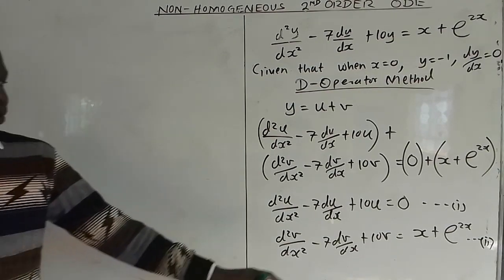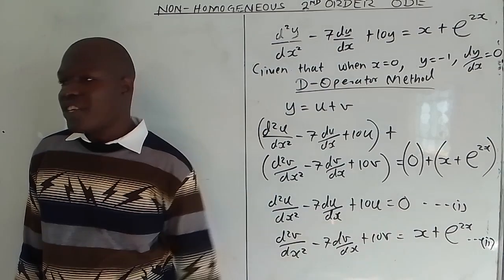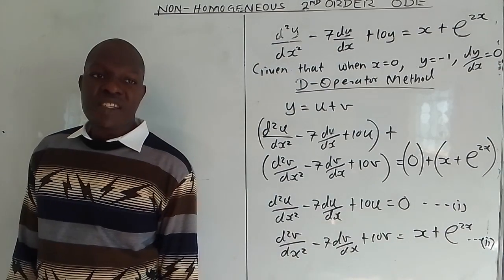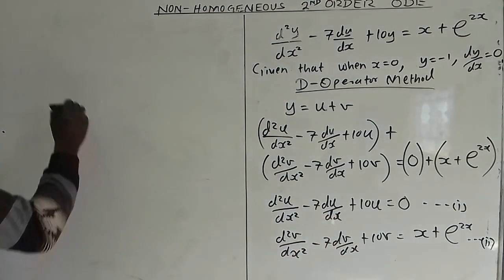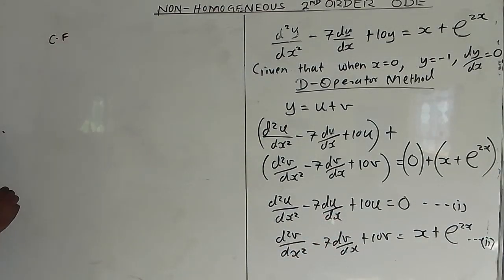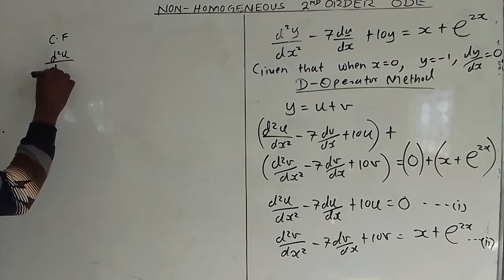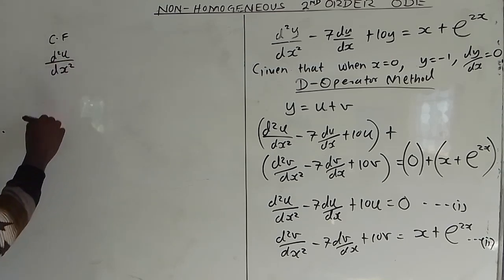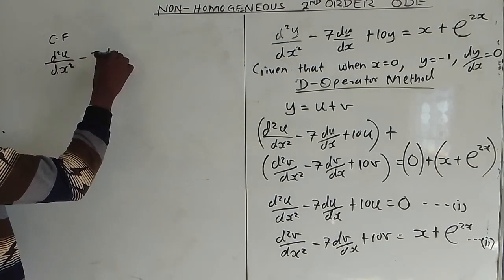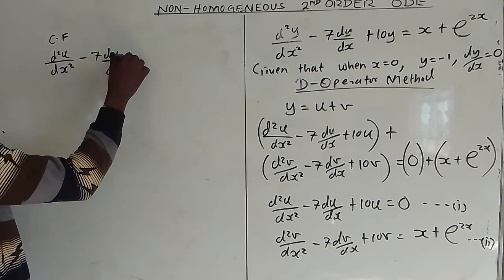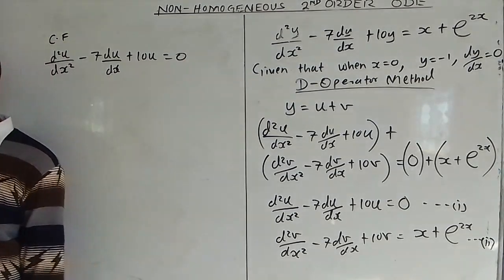So we want to start solving equation 1. Equation 1, you can see, is a homogeneous second order ODE, which will give us the complementary function, isn't it? So we have d squared u over dx squared minus 7 du over dx plus 10u equals 0.